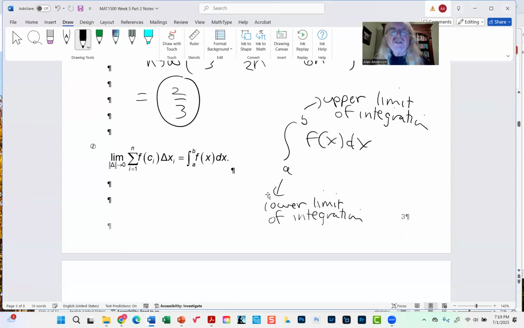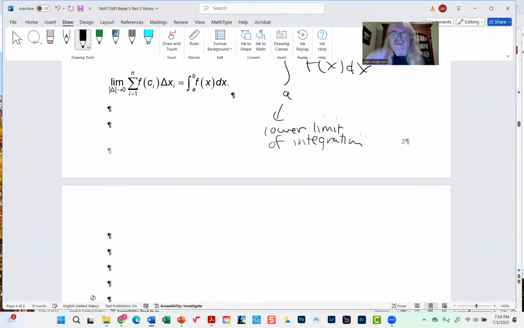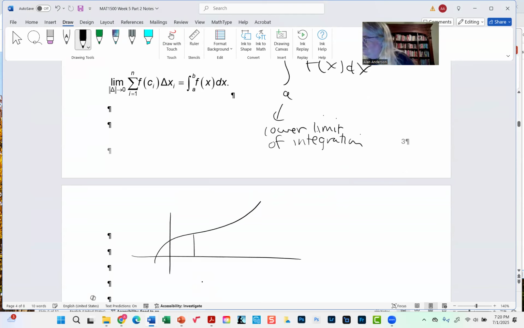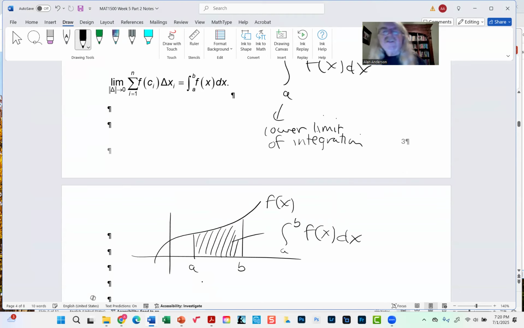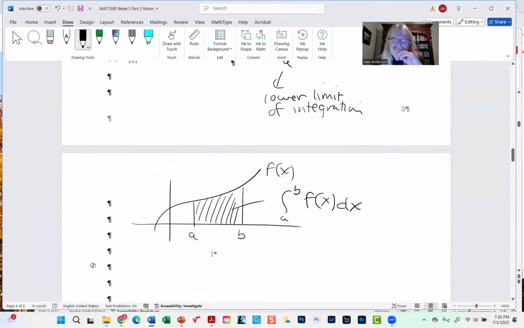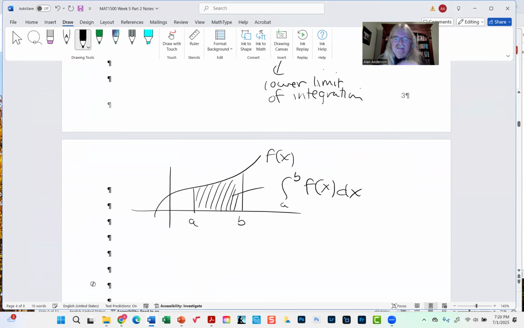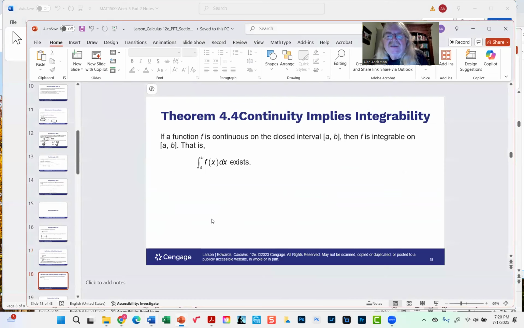So in other words, what you have to visualize here is that what you're looking for is this. So that shaded region is the area we're looking for. The definite integral will give us that area. So the question is, how do we solve for it? Using the rules of integration.